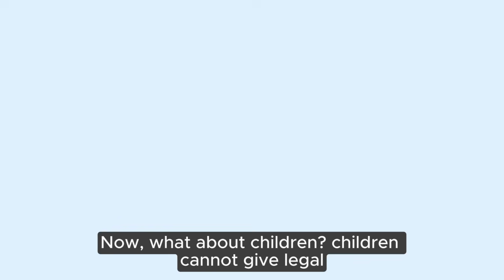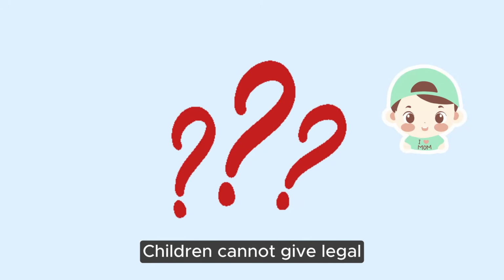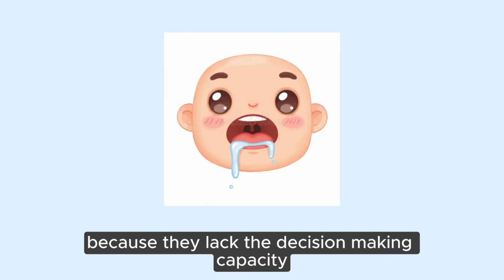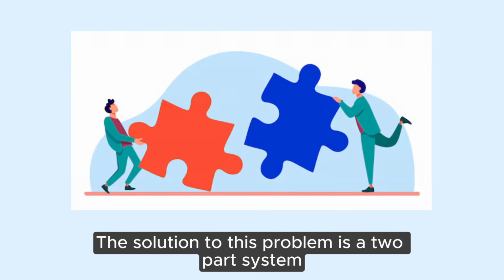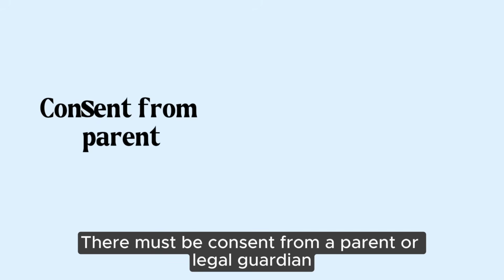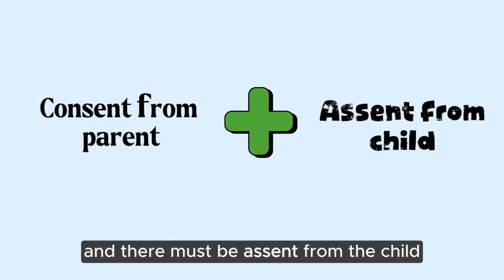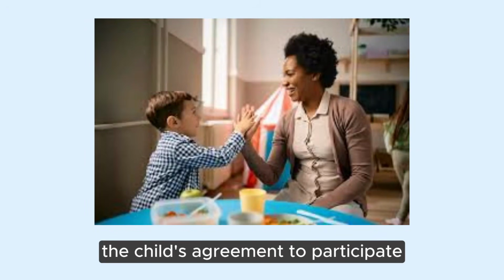Now, what about children? Children cannot give legal informed consent because they lack the decision-making capacity. The solution to this problem is a two-part system. There must be consent from a parent or legal guardian, and there must be assent from the child. Assent is basically the child's agreement to participate.